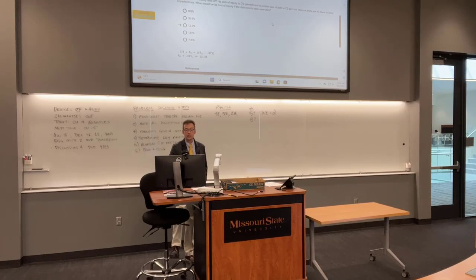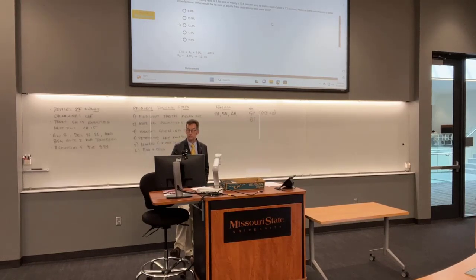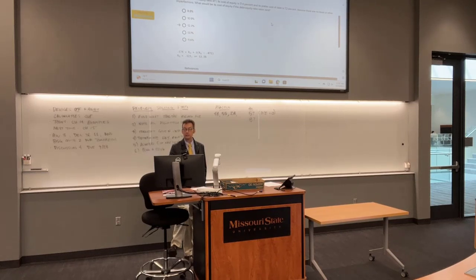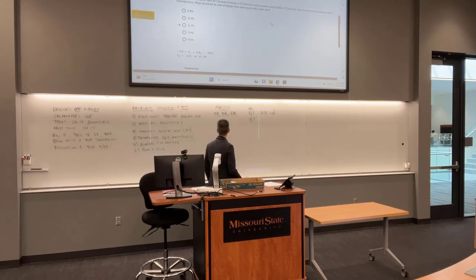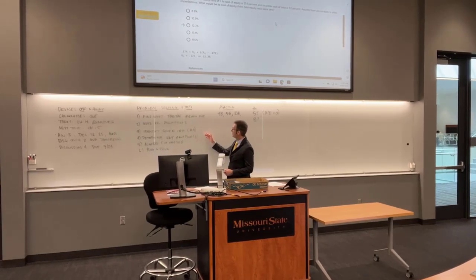So we've got the debt to equity ratio, which we can use to figure out the total debt ratio. If we needed that, we could also figure out what I call the total equity ratio. They tell us the cost of equity is 17.4%, and the pre-tax cost of debt is 7.2%. Assume there are no other taxes or imperfections. What would be the cost of equity if the debt to equity ratio were 0? Okay, now we've got all that information.